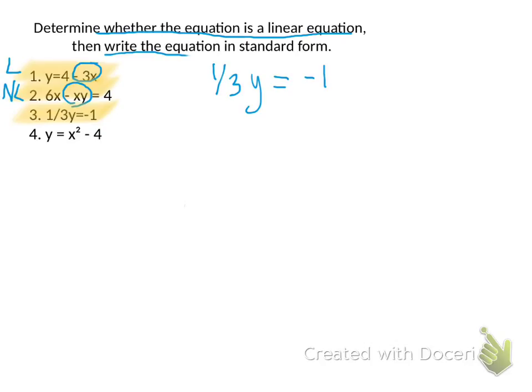I'm going to do that by multiplying both sides by 3, the reciprocal of 1/3, and 3 times 1/3 is 1. So we get y all by itself. So y equals negative 1 times 3 is negative 3. Alright, so we've got the y isolated.